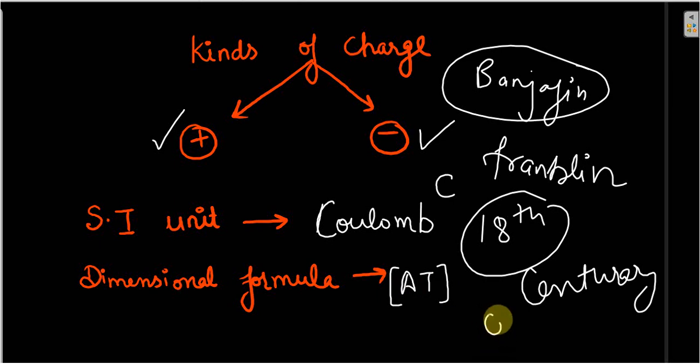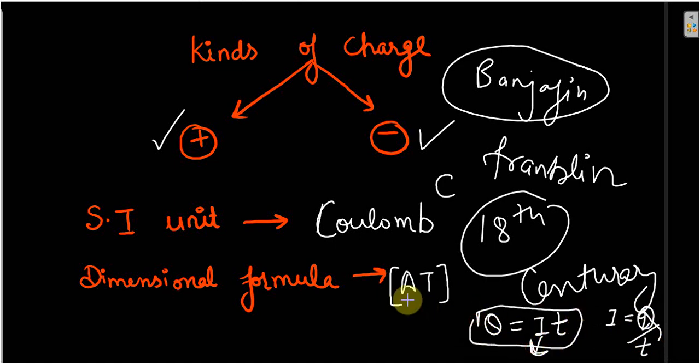We know Q is equal to IT. What is current? Current is the rate of flow of charge. So here we know the dimension of current is A and the dimension of time is T. So now the dimension formula is AT.